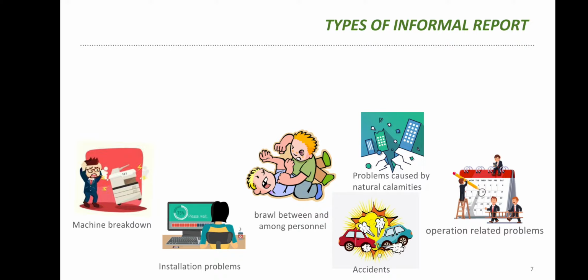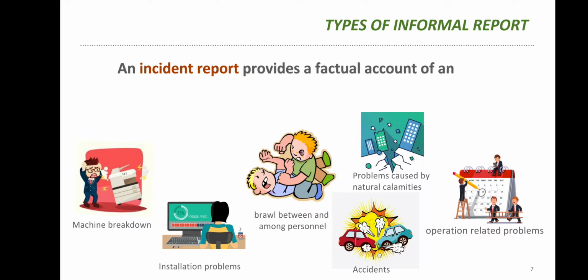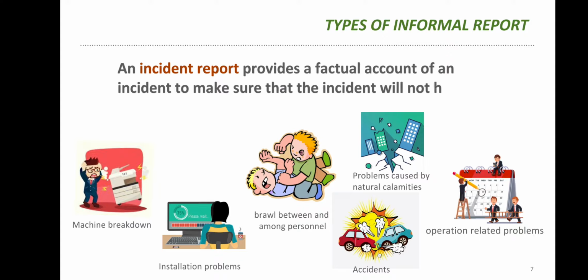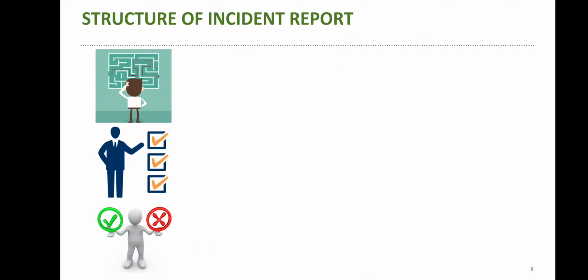So these situations require an incident report, which is an informal report. So an incident report, again, provides a factual account of an incident to make sure that the incident will not happen again. They have to address it using an informal report.